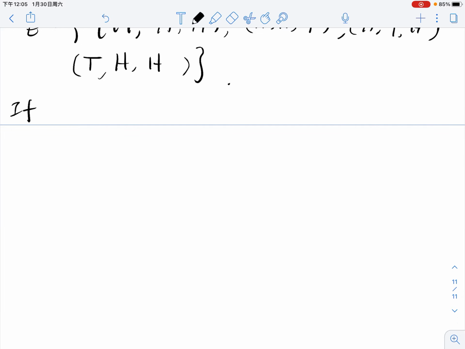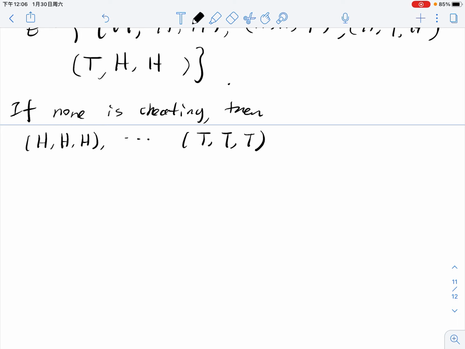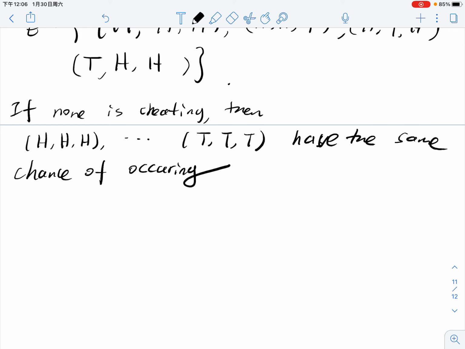And if none is cheating, then HHH, and so on through TTT, have the same chance of occurring, so the probability is 1/8.